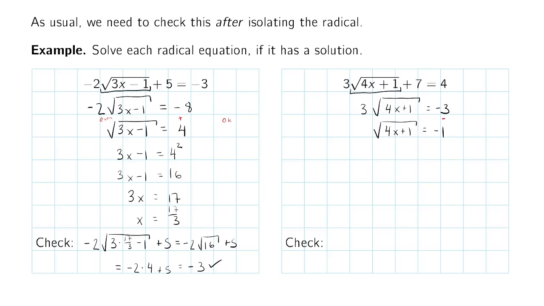But now this is negative, and this is an even root. Even roots can never work out to a negative number, so we know that this has no solution. Once we know that there's no solution, we stop doing algebra. So this equation just has no solution.